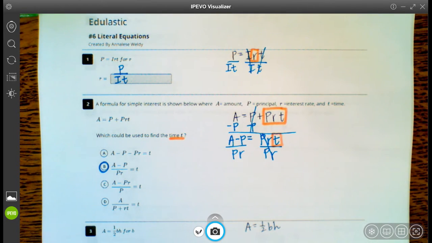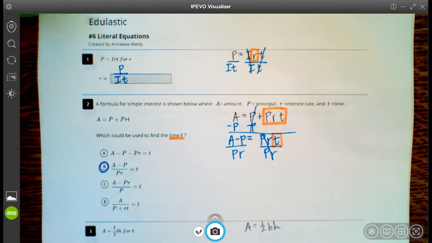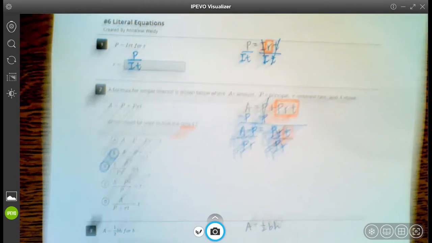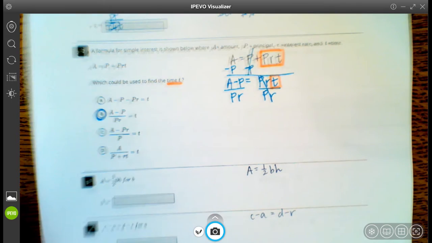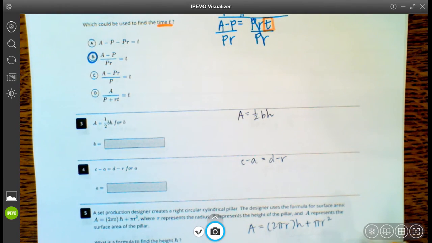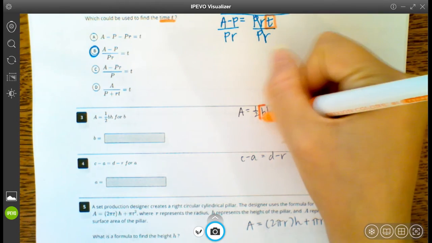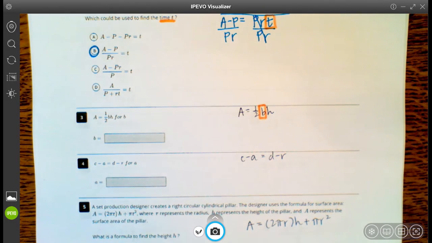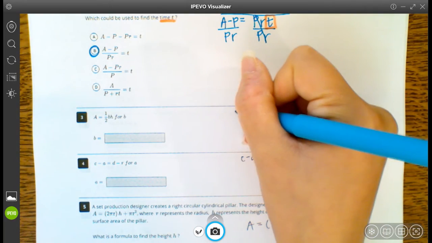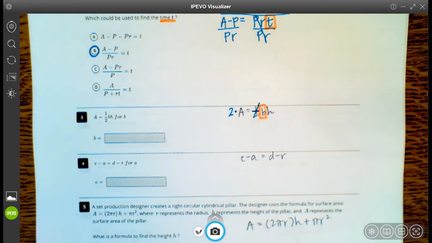All right. Taking a look at number 3. Number 3 is a little bit different. It asks you to solve for B. Now, I know some of you are freaking out because you see this dividing by 2. I'm glad that your eyeballs are drawn to that because instead of dividing by 2, we can reverse that by multiplying by 2 on both sides.